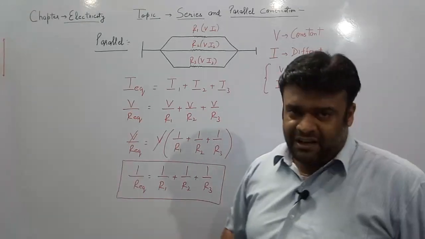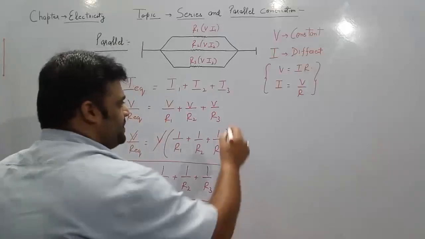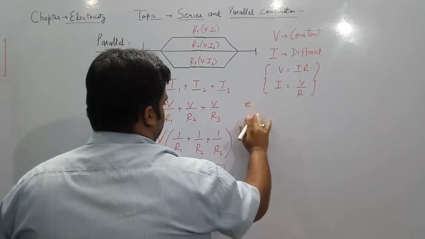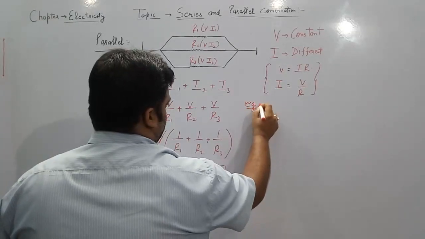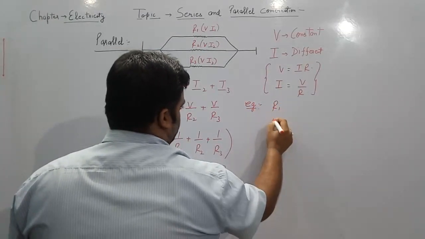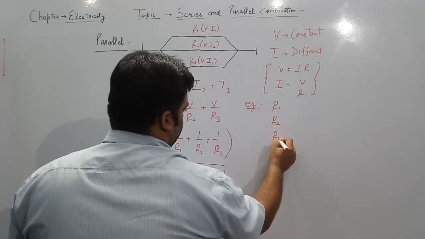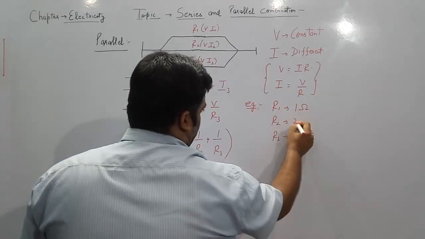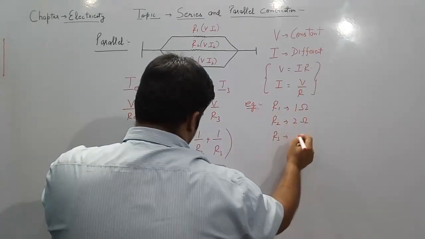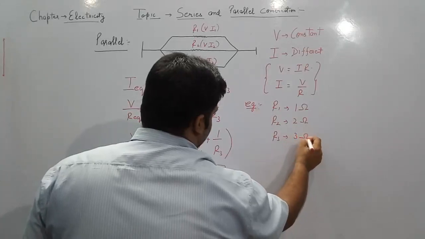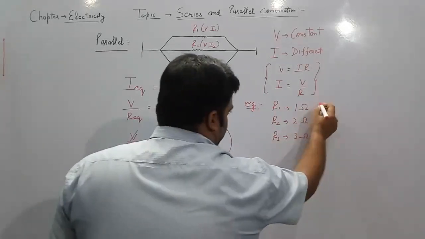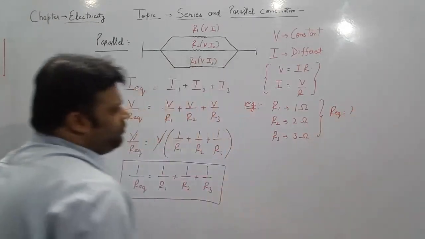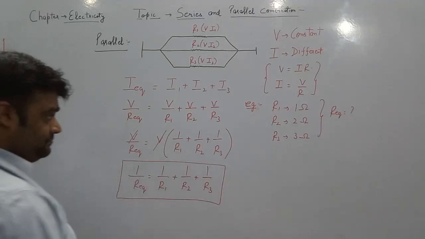If we take one example again with the same values, the value for R1 is 1 ohm, value for R2 is 2 ohm and value for R3 is 3 ohm. They are connected in parallel and we have to find the value for R equivalent when they are connected in parallel.